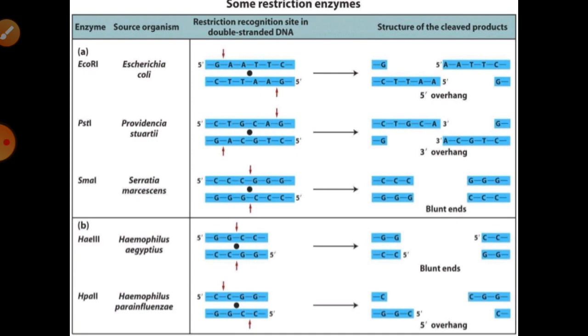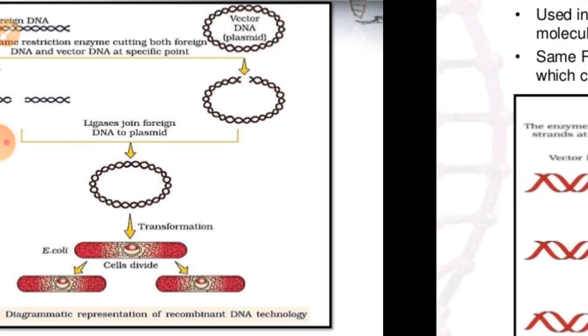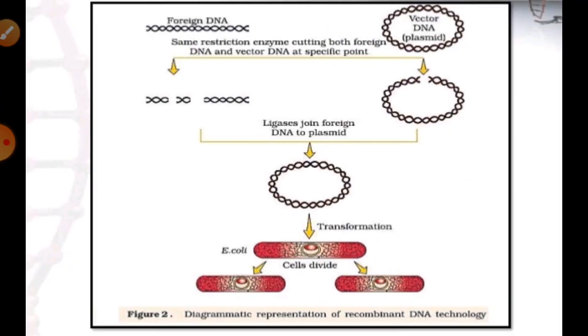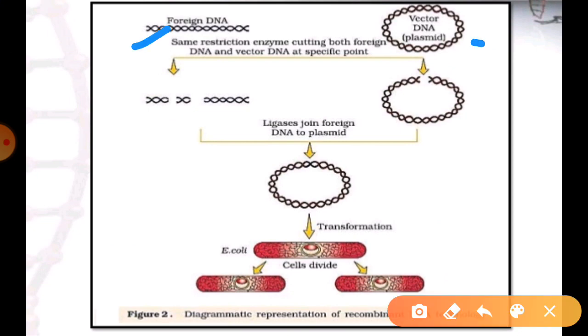One more thing, which is given in some books but not in others: how this recombinant DNA is utilized. You can see here this is the foreign DNA and this is the vector DNA.